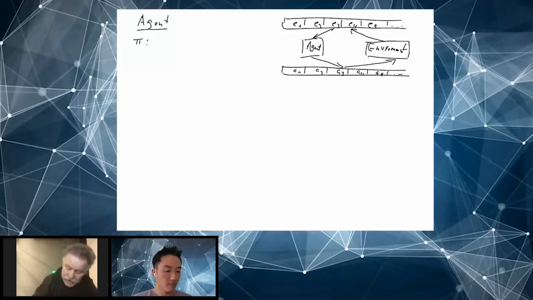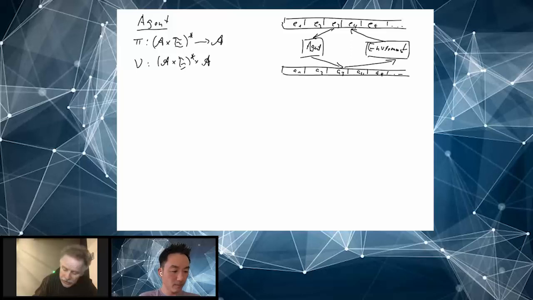So the policy is a mapping from past actions and perceptions, up to the star, like 1, 2, 3, 4, 5, and produces a new action. The environment also has access to the whole history of actions and perceptions and the last action of the agent, and then comes up with a new perception.